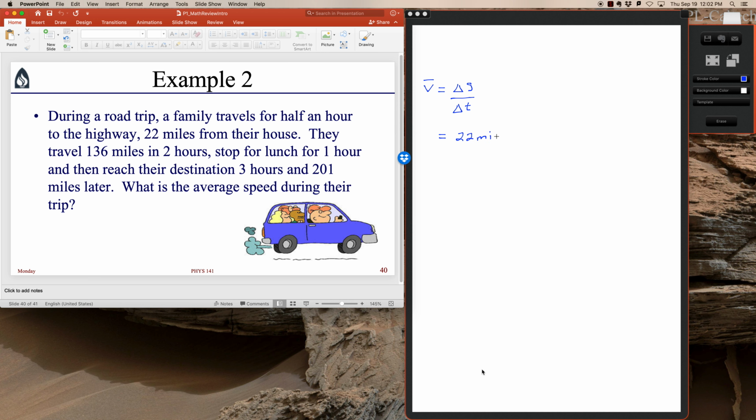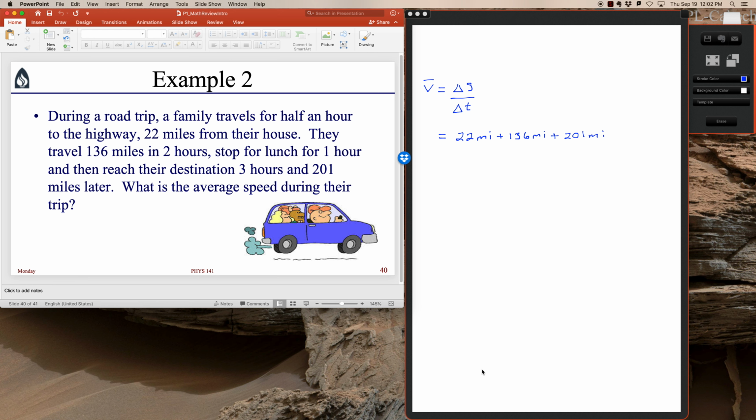Then they travel 136 miles in 2 hours. So we'd have to add to that the 136 miles. They stop for lunch. Well, they're not moving while they're stopped. And then they reach their destination 201 miles later. So the sum of those quantities would be how far they traveled, their total path length.